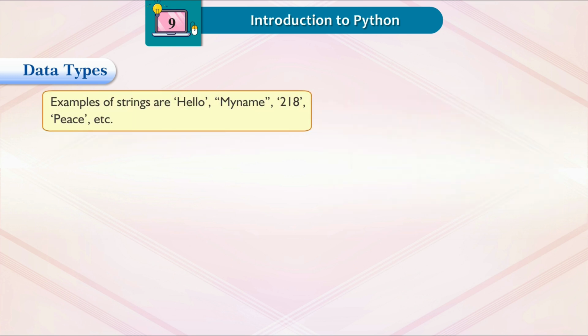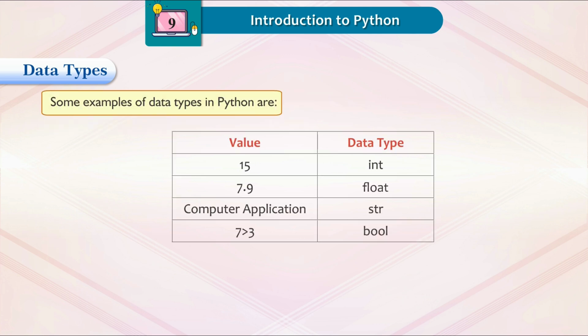Examples of strings are 'hello' in single quote, "my name" in double quote, '218' in single quote, 'peace' in single quote, etc. Some examples of data types in Python are: value 15, data type integer; 7.9, float; computer application, str; 7 is greater than 3, bool.